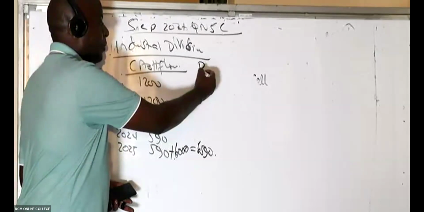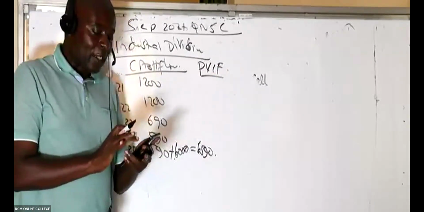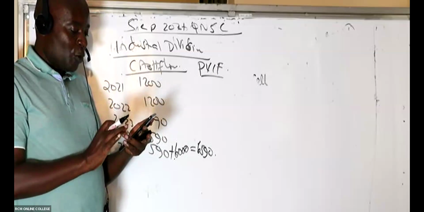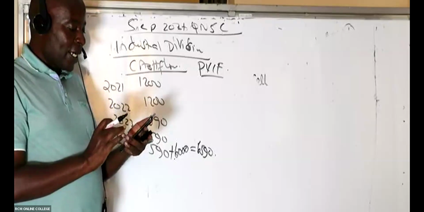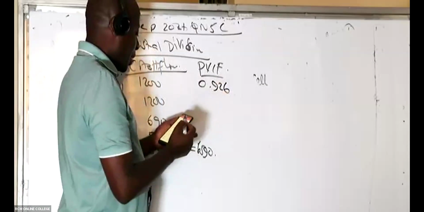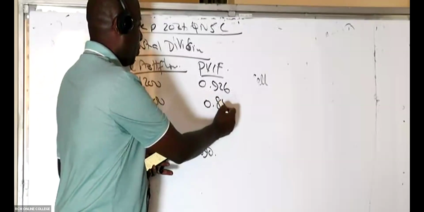and then come and give us the PV, present value interest factor. Fortunately, they have given us the figures down there. If you look at the figures given to us down there, I can see 0.926. Then we have, ladies and gentlemen, here 0.857.